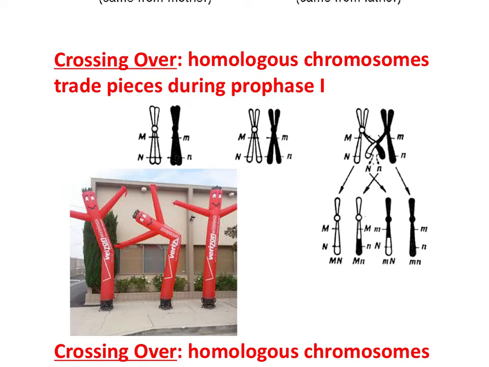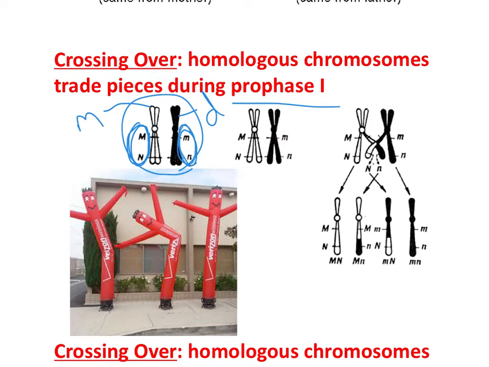And in crossing over, essentially what happens is during prophase, the homologous pairs, let's say I got this white one from mom and I got this darker one from dad, and you can see that I've got capital letters when we talk about like big A, big B, little b, when we talk about doing Punnett squares and good old-fashioned genetics. I've got capital letters from mom and lowercase letters from dad.